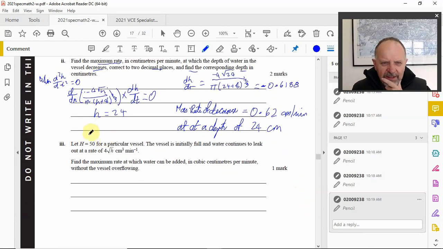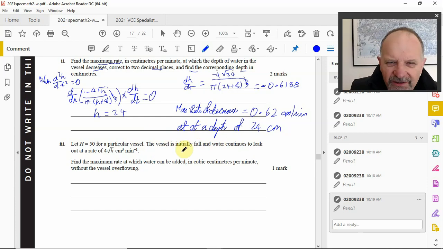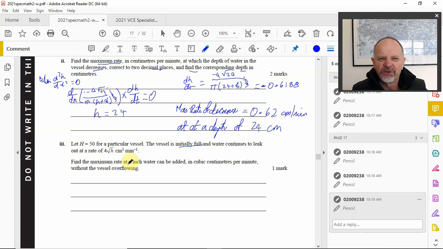All right, the next thing it says, let h equal 50 for a particular vessel. The vessel is initially full. Water continues to leak out at this rate of 4 root h centimetres cubed per minute. Find the maximum rate water can be added to the vessel without overflowing.